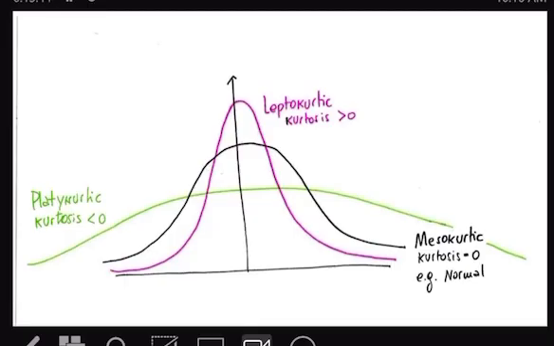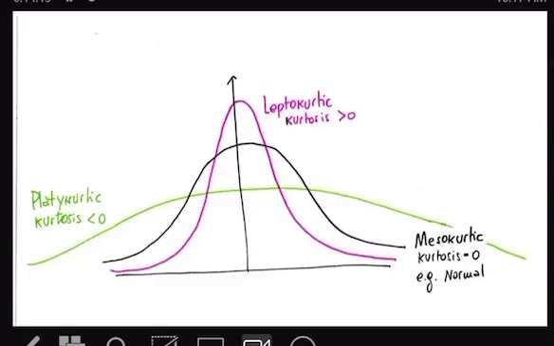Now, we have three different types of kurtosis. We have mesokurtic. Mesokurtic is for the normal distribution. When the kurtosis is mesokurtic, that is normal. It means the data set is normal. If it is leptokurtic, and most financial data are leptokurtic, they have fatter tails, so the kurtosis is going to be greater than 3.